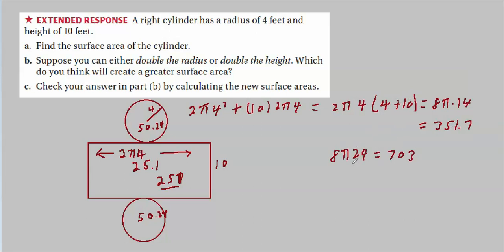However, if we double the radius, let's see here. Let's do it down here. Don't get these confused. For our rectangle, we just get 2 pi 8 times 10.